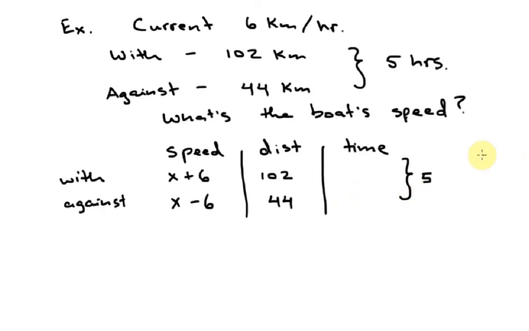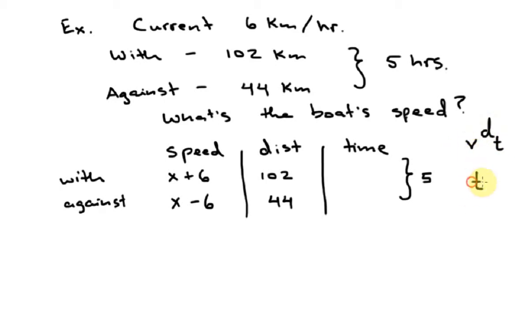Well, here's how we do this. There's a little triangle you might have learned in science, which is velocity is equal to distance over time. So this little relationship here is how we're going to get an expression for time. In other words, time is equal to distance divided by velocity or speed.